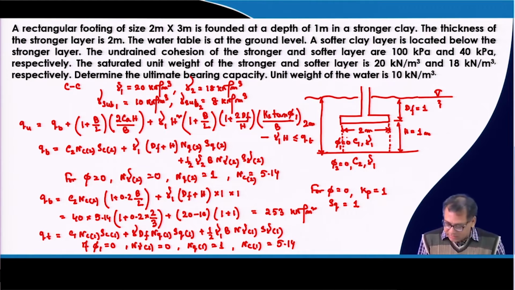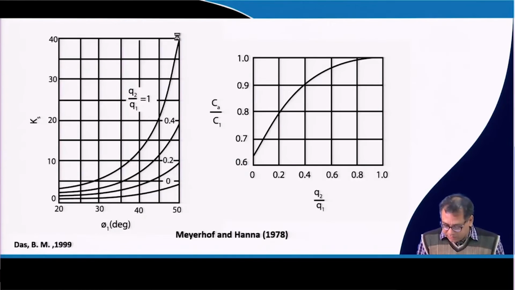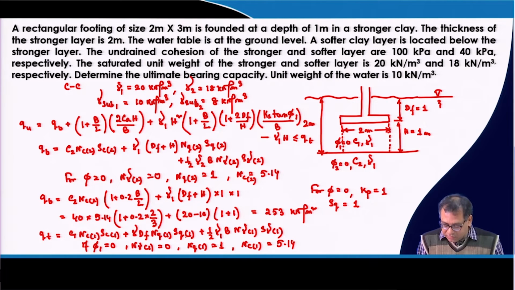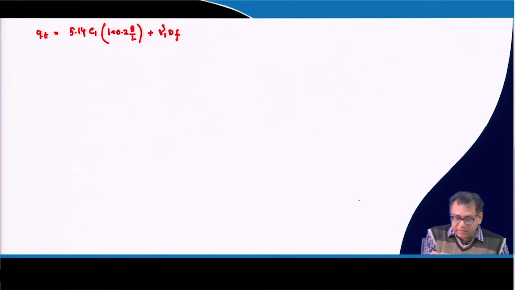So, now this is the equation. Finally, I can write the shape factor and then gamma 1 into df. Again, for phi equal to 0, Kp equal to 1, so SQ1 will be equal to 1, and similarly SQ2 is equal to 1 also. So, df into that part is 1.